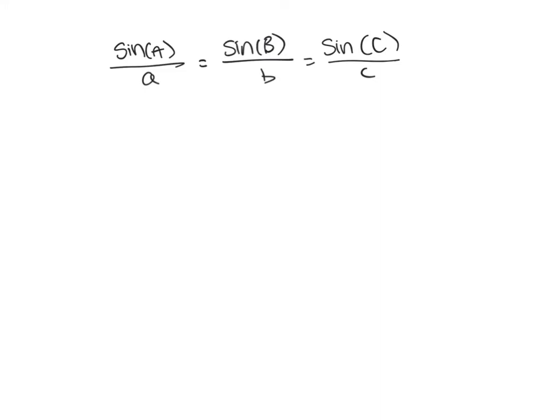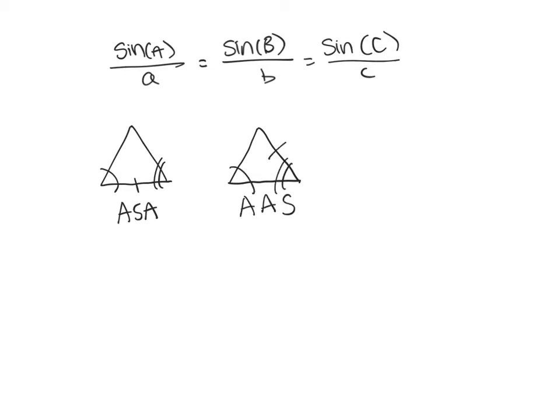Well, we use it to find our sides and angles of triangles that are not right triangles when we're given certain pieces of information. The first scenario is when we're given an angle, side, and an angle, or ASA. Second scenario, when we're given an angle, angle, and a side, or AAS.